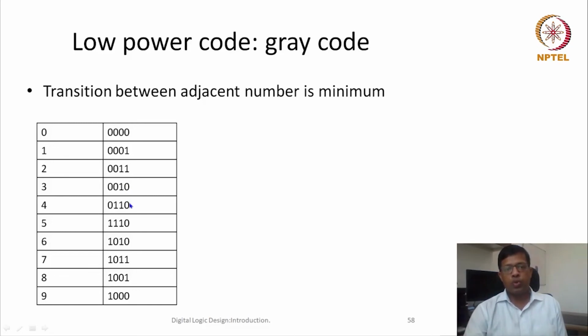From 3 to 4 also this particular bit will get flipped, only one bit is flipping. Otherwise, if you remember, from 3 to 4 there would be 3 bits that would flip in a positional number system or a conventional binary number system. So in this gray code, we will have only one bit flip from one number to the next.